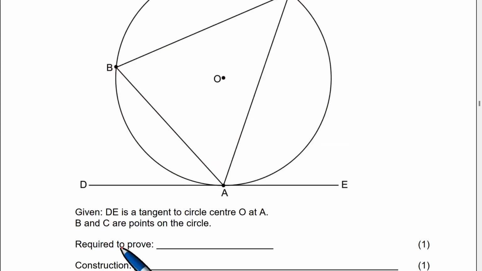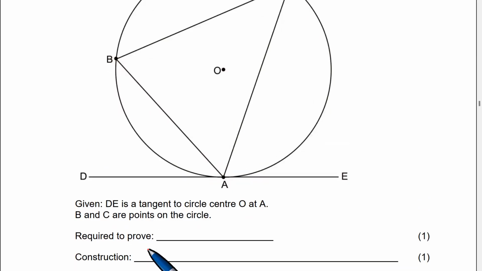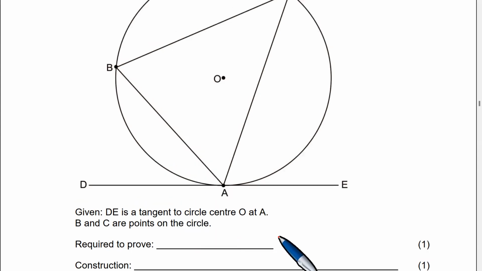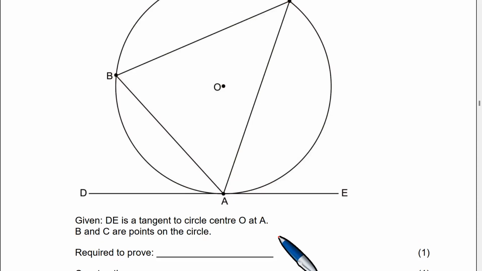Right, what are we required to prove? We need to put here, we're required to prove R. So it's therefore important to note that we need to indicate exactly what we need to prove. There are two ways in which we can state that.